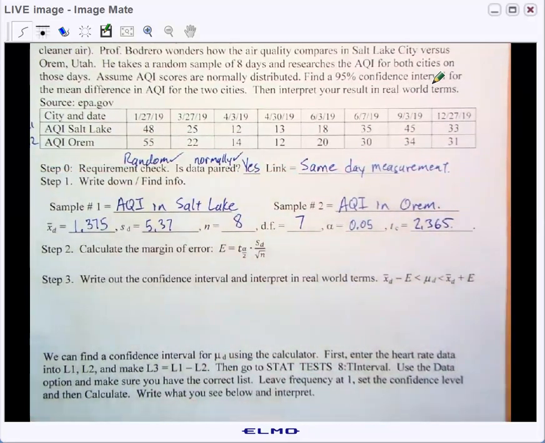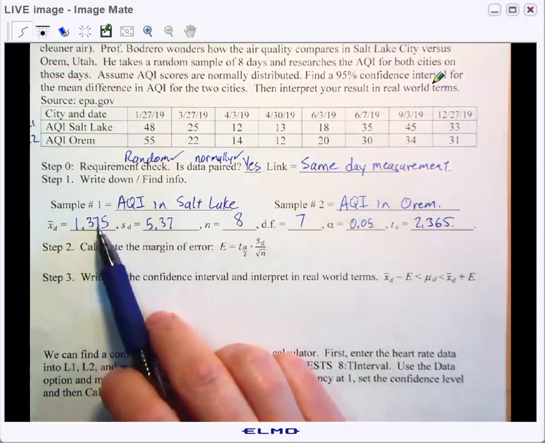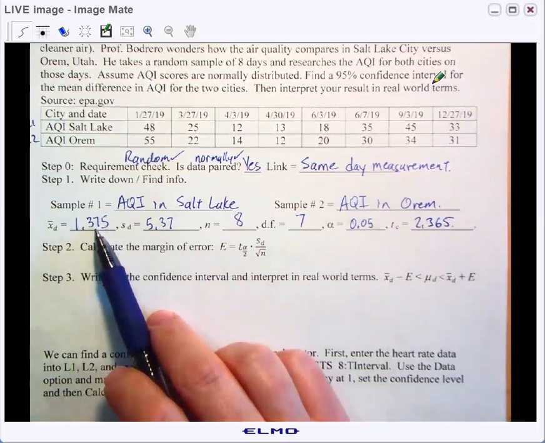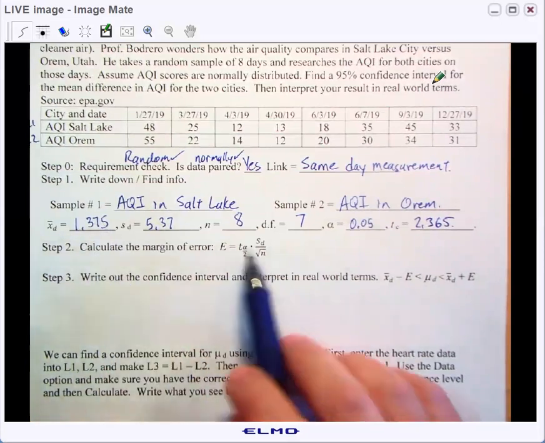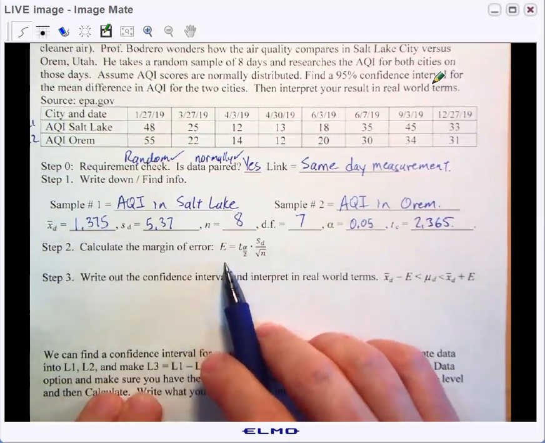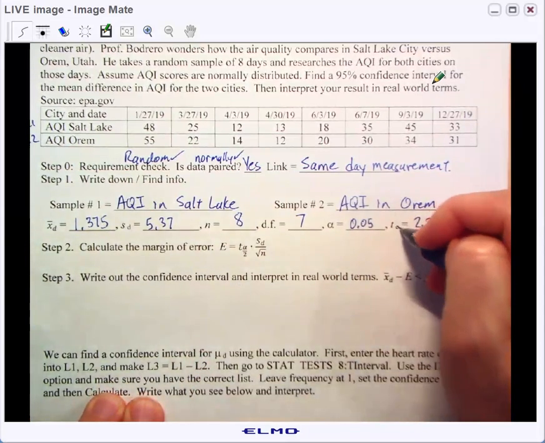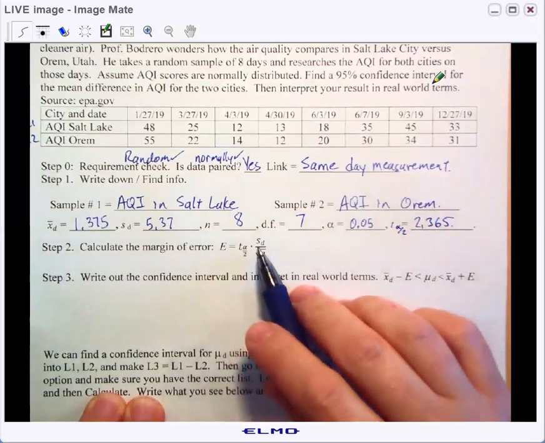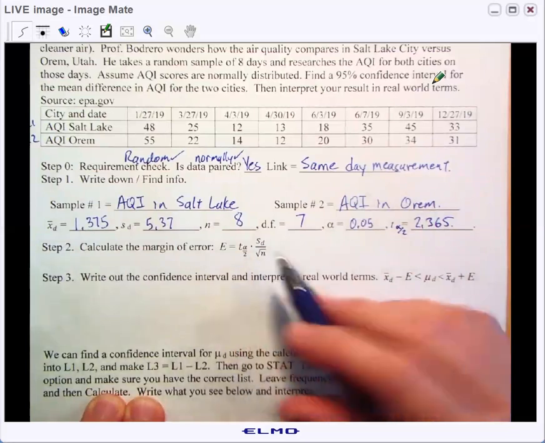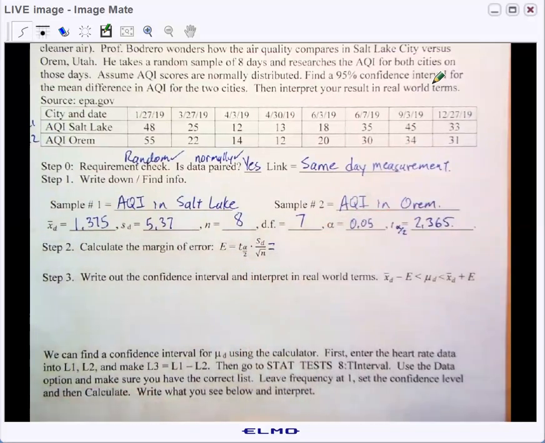Okay, so our best guess is that the average difference between Salt Lake and Orem is 1.375, but that might not be exact. So we're going to give ourselves a little bit of margin of error. We're going to take this critical value, t sub alpha over 2, and multiply by the sample standard deviation over the square root of n, and that will give us our margin of error.